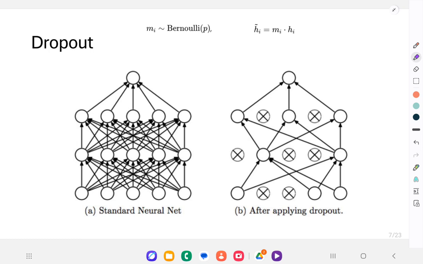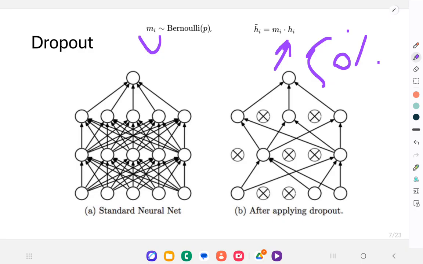If the dropout rate is 50%, this is the mask we apply, multiplying each activation with the mask.